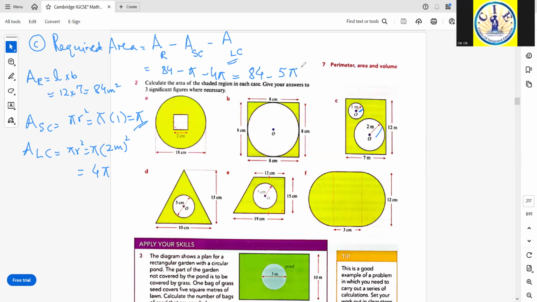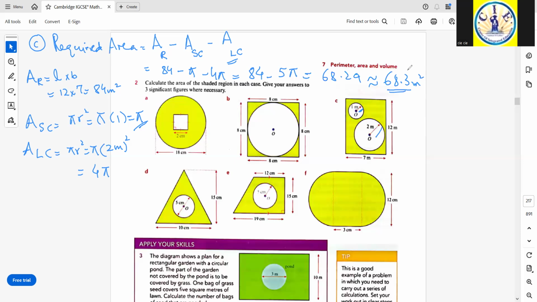And using our calculator, we can find out the final answer. 84 minus 5 times pi, 68.29. Rounding it off to three significant figures, 68.3 meter squared. So this is the answer to part C.